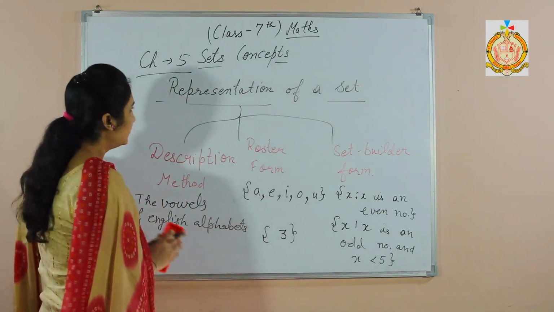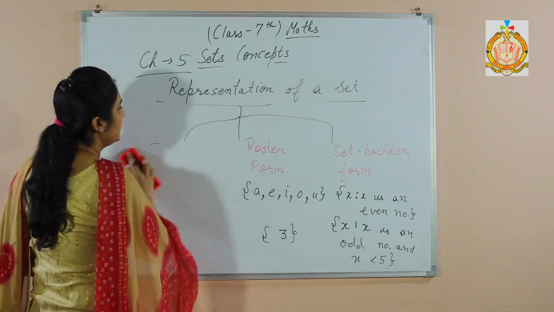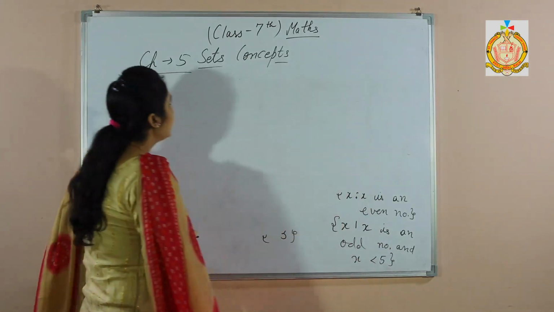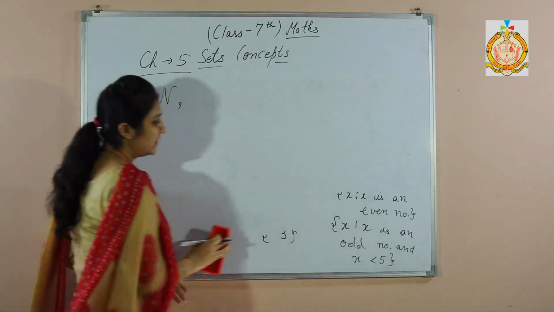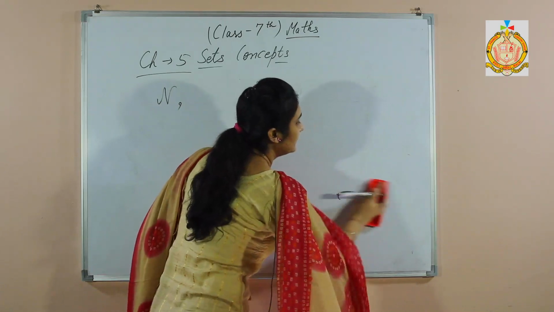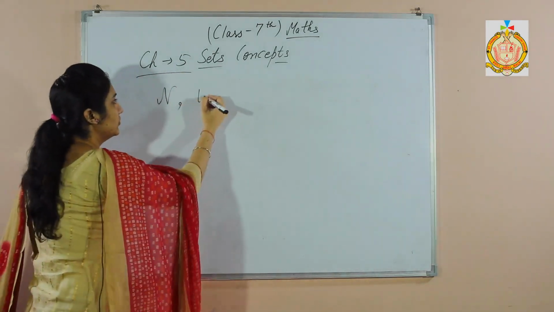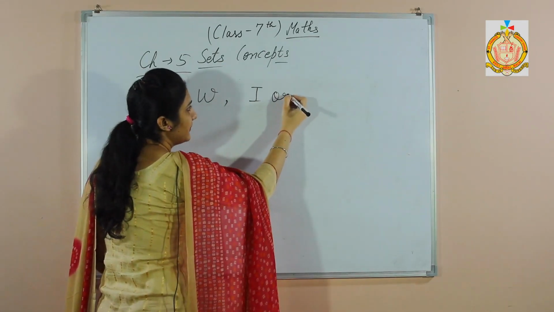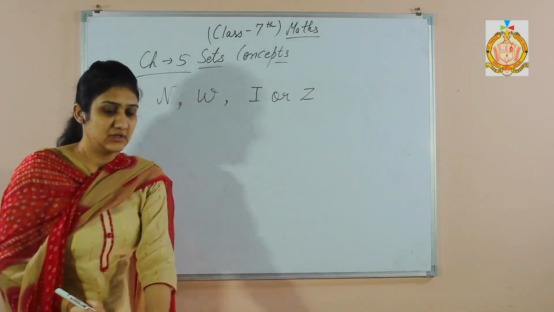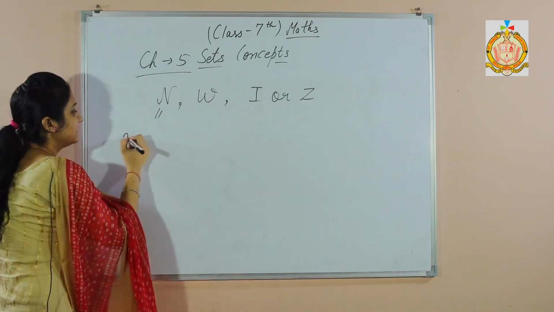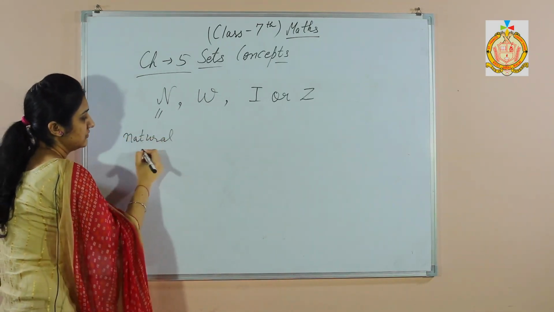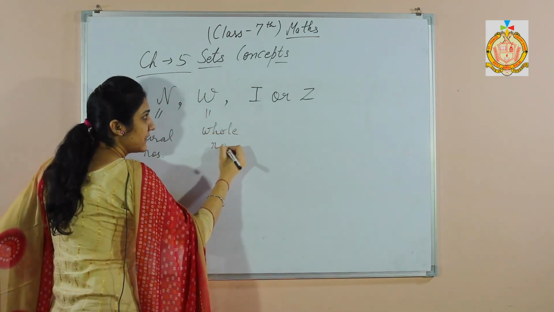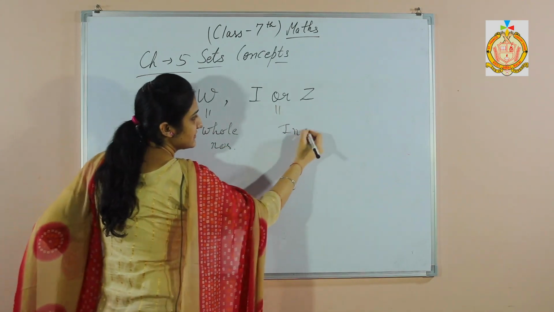There are some important notations. If we have to denote the set of natural numbers, we write capital N, and for the set of whole numbers, we write capital W, and for integers, the notation is capital I or capital Z. So N is for natural numbers, W for whole numbers, and Z for integers.